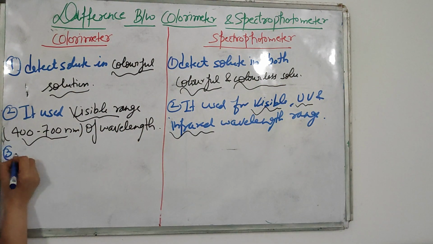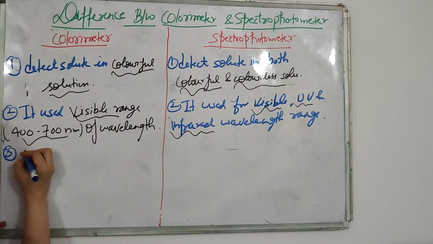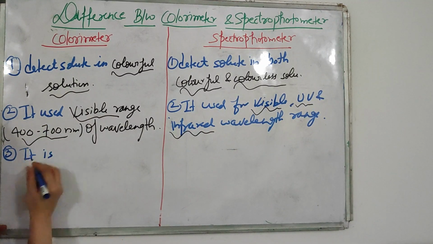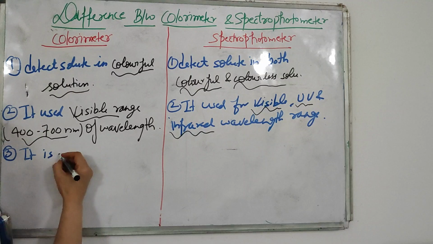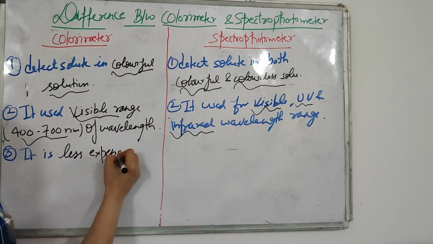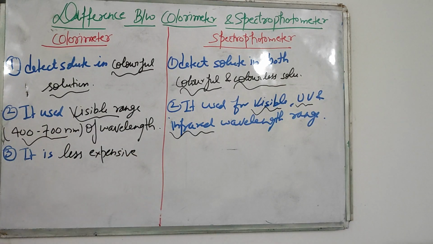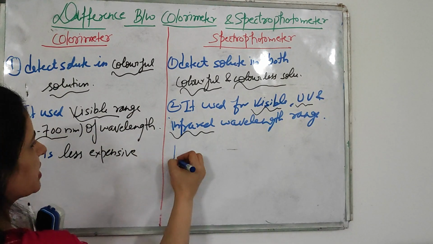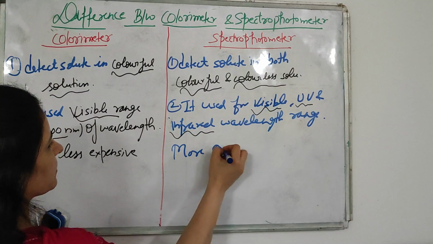The third difference is that it is less expensive. Cost-wise, the colorimeter is less expensive, while the spectrophotometer is more expensive.